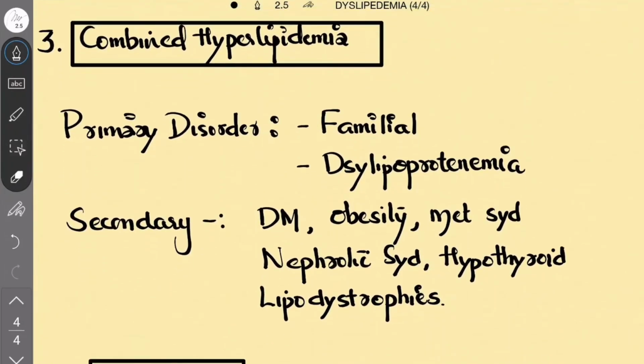So these are the major lipid abnormalities, the differential diagnosis.